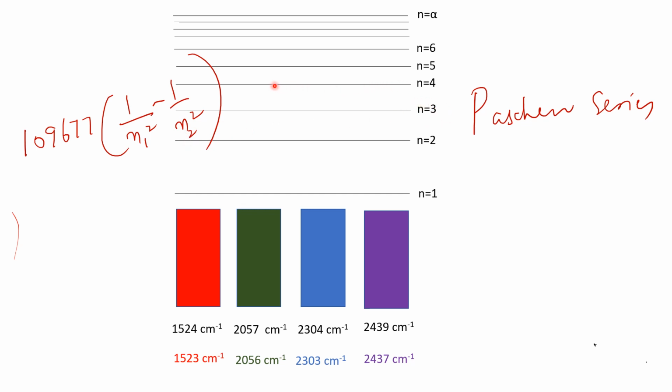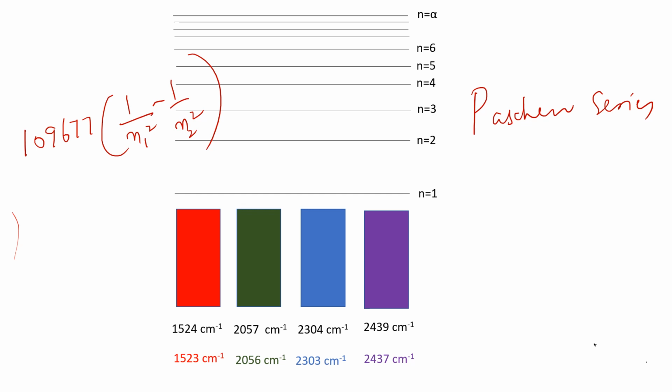So it can be the electronic transition from 4 to 3, that is the first line, 5 to 3, the second line. In all these cases, if you check the wave number making use of this Rydberg formula, it will correlate with the practical value of the wave number of every line that you see in the Paschen series. So here lies the significance of the Rydberg formula.